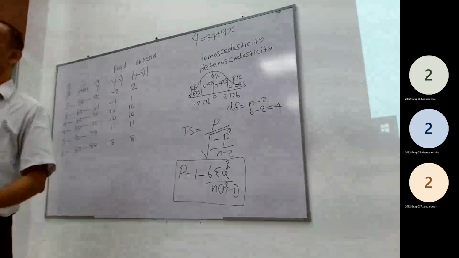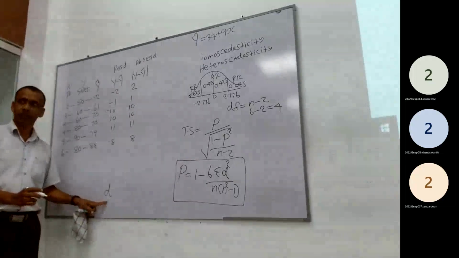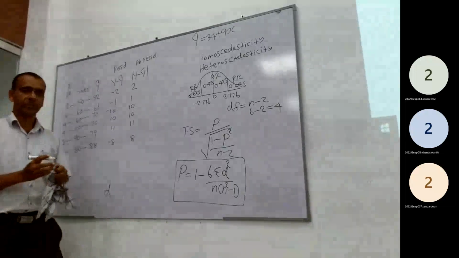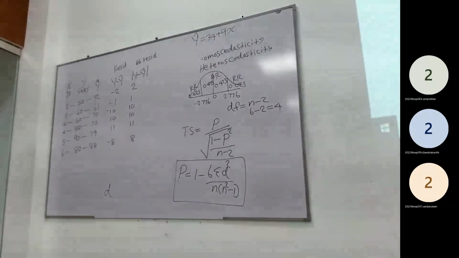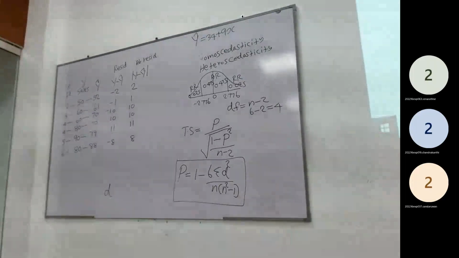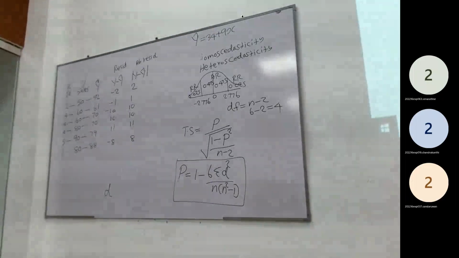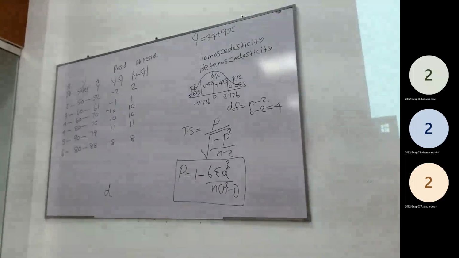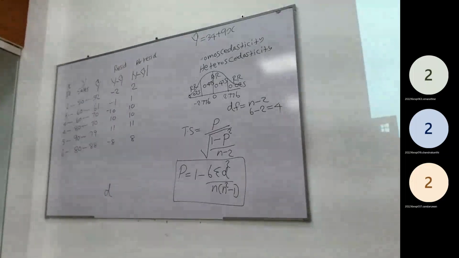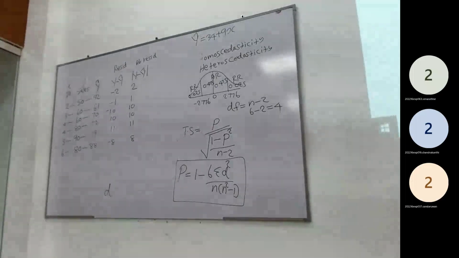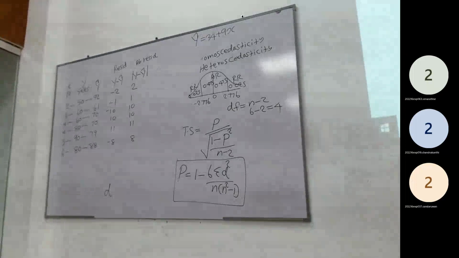Then under that, write down further: d. This represents the difference of the ranks between the predicted value and the absolute value of residuals.